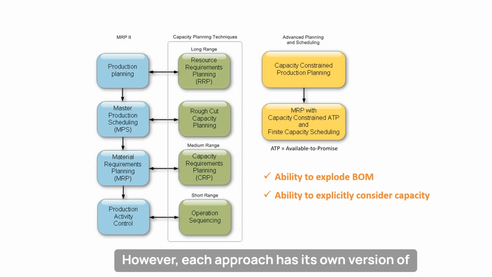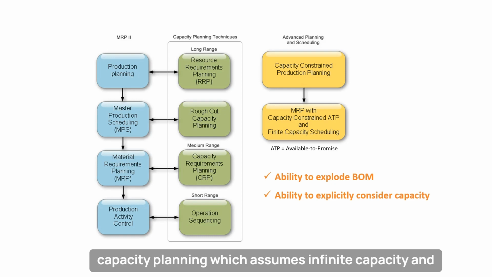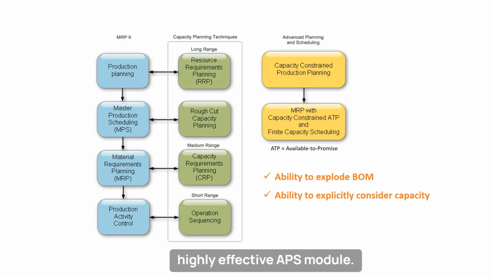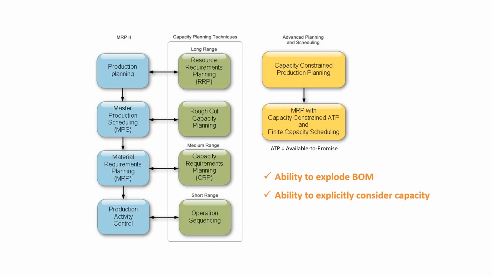However, each approach has its own version of capacity planning, which assumes infinite capacity and static lead times and hence doesn't work efficiently. In contrast, APS can explode BOM and consider capacity explicitly, making it possible to replace the entire MRP2 planning and scheduling paradigm with a highly effective APS module.